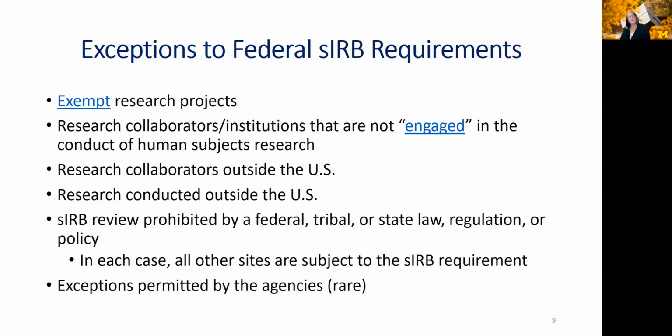There are certain categories of exempt research projects that involve research with human subjects, but are minimal risk projects that fall outside of this requirement. And this would not apply to FDA regulated research, but to other federal research.